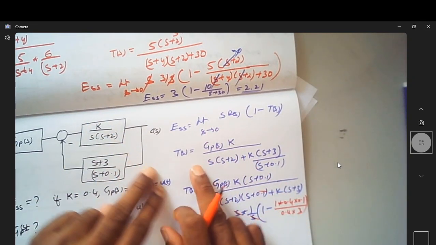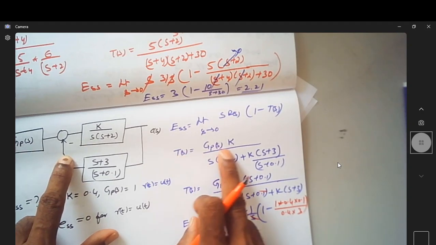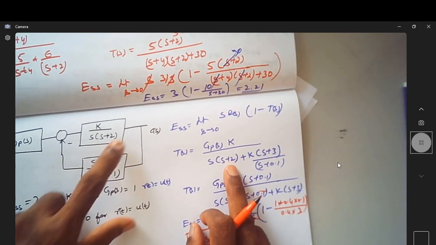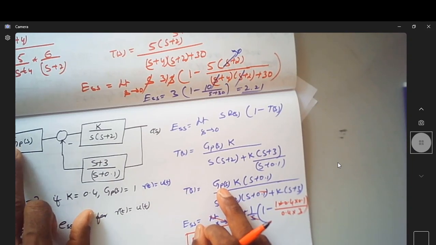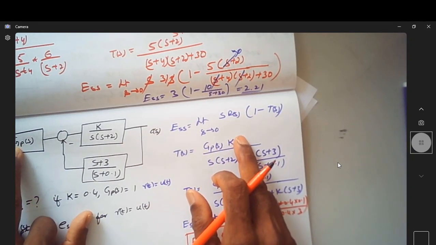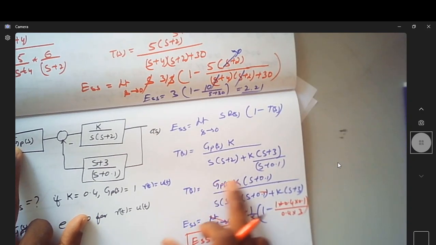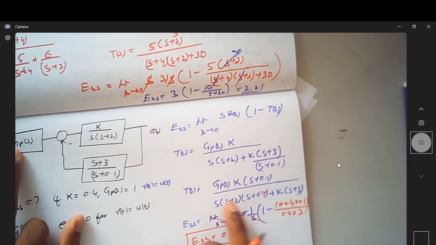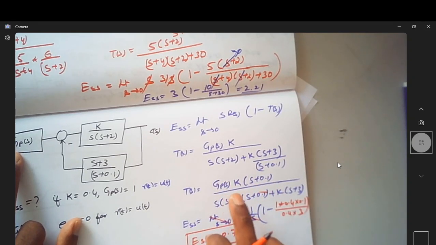See here, so we actually found what T(s) is for this. We reduced this, and of course ultimately we multiplied with GP(s). You can even multiply it later, it doesn't matter much. So this is the overall transfer function.